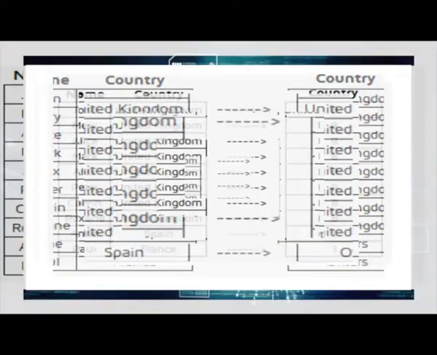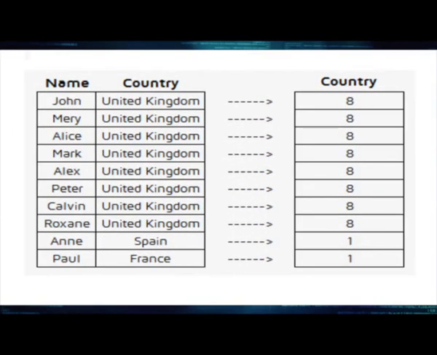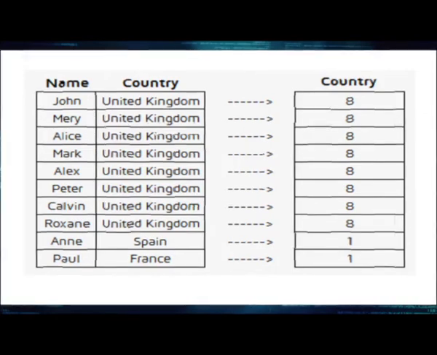In the second example, we can mark the number of values. For example, 8 persons are from United Kingdom. So on the table on the right hand side, for John, Mary, Alice, Mark, Alex, Peter, Calvin and Roxanne, it is marked as 8 with the integer value. For the remaining, it is marked as whatever is in the table on the left hand side.